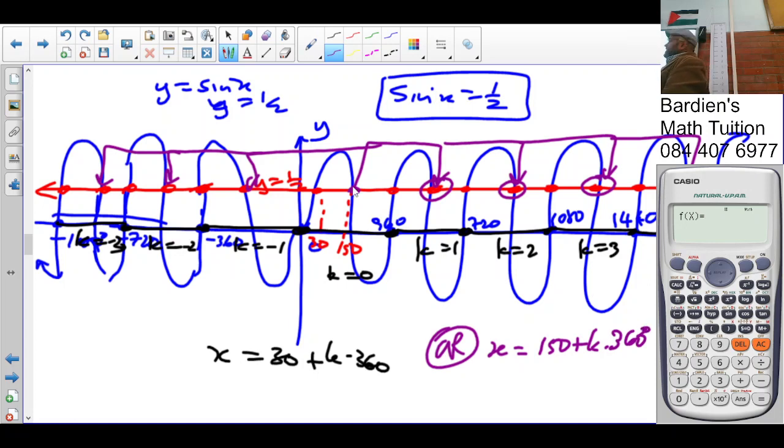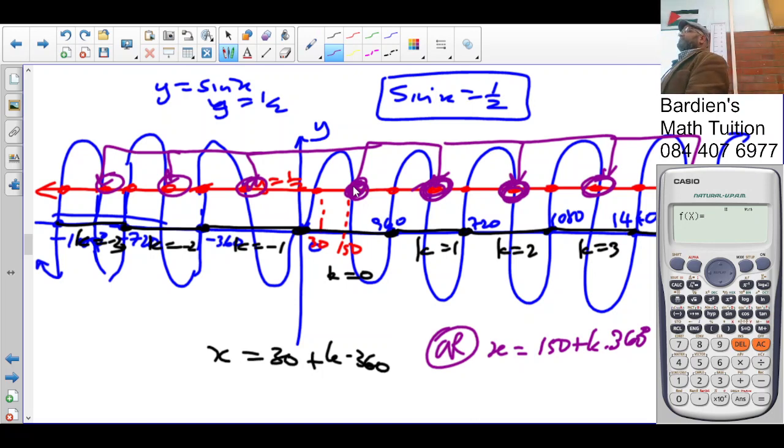So you want to pick up this point here. The k is 0. 150 plus 0 times 360 is 150. Can you see that? You're interested in this point here? K will be 1. K would be 2, 3, and so on and so on. In that direction, K would be minus 1, minus 2, minus 3, and so on.